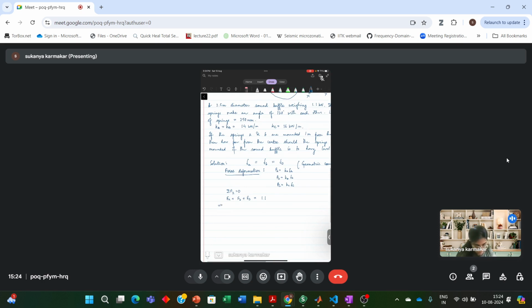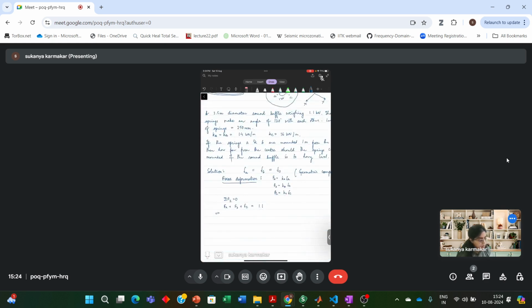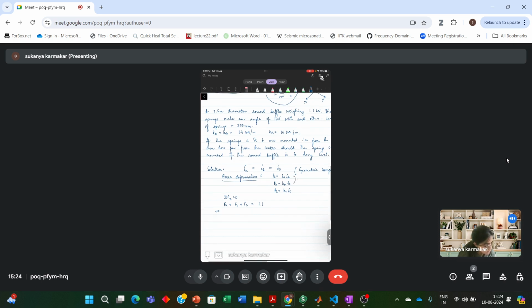Also remember Ka and Kb for the two springs A and B are equal. Let's assume that delta A, delta B, delta C are all equal, so let that be equal to delta.